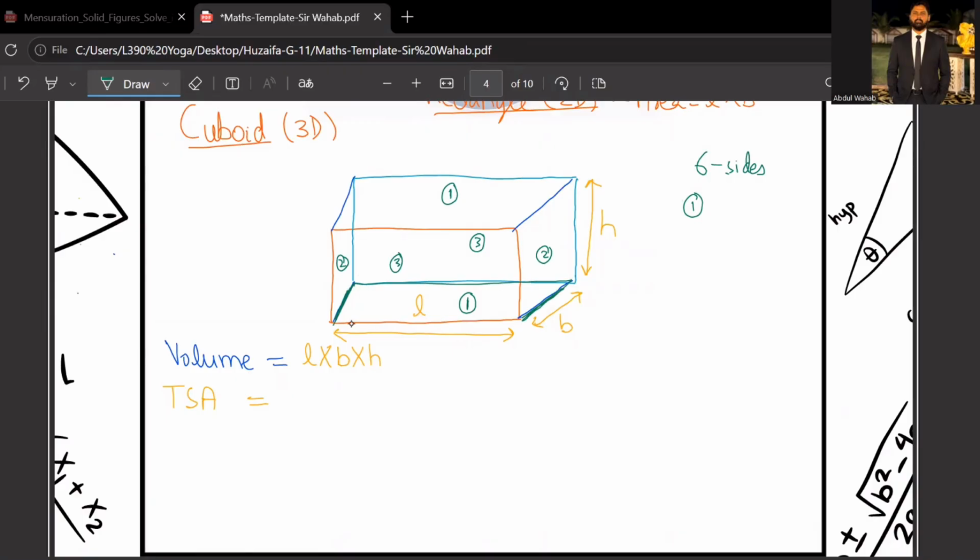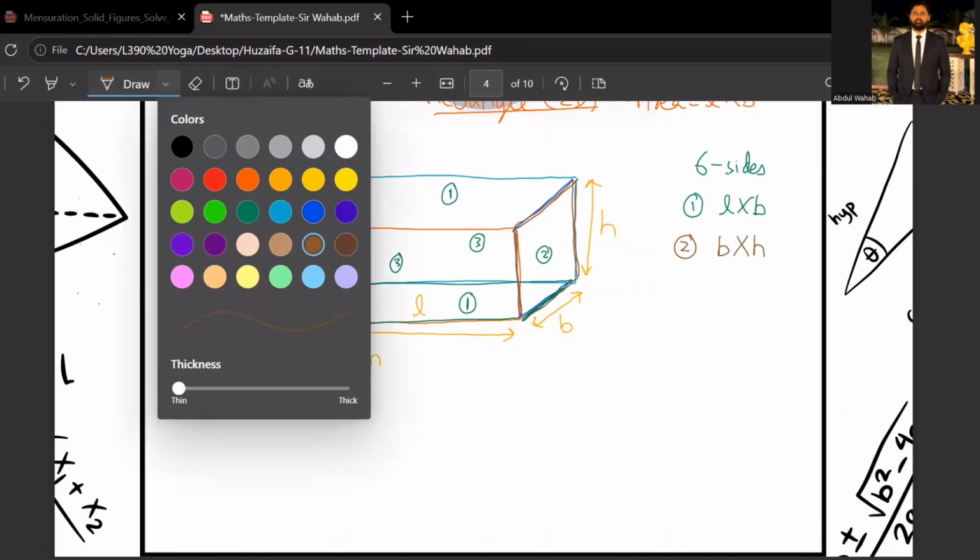To find the area of this rectangle, we have L multiplied by B. And for the second, we have this part. It's a different type of rectangle whose dimensions are breadth and height. So you do breadth multiplied by height.